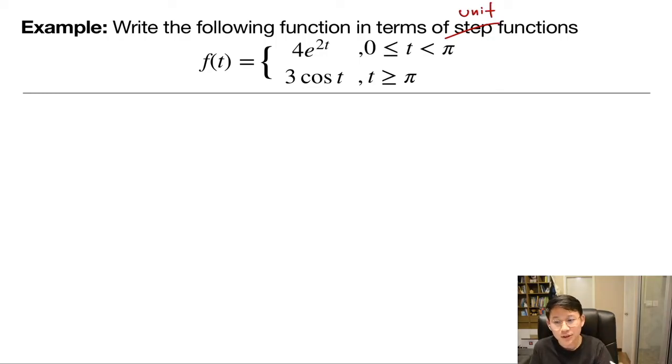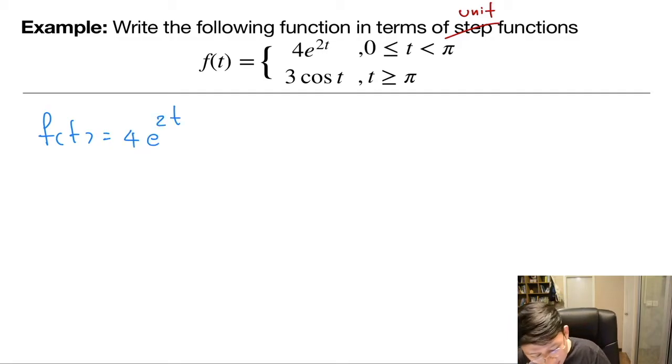So here, your f(t) would be 4e^(2t) times [u(t − 0) − u(t − π)].